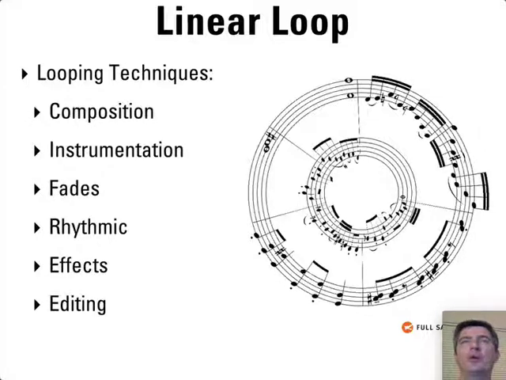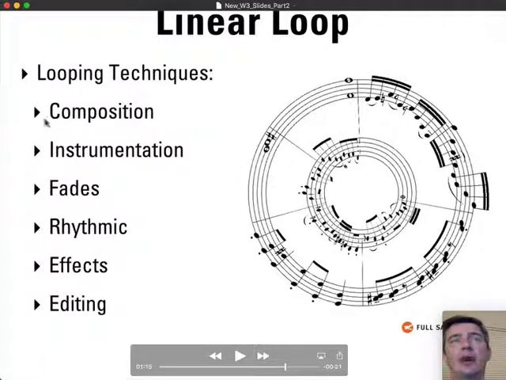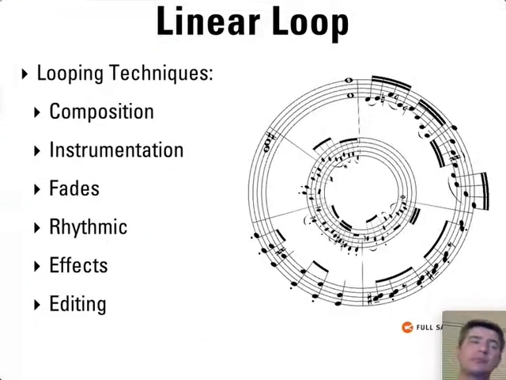So you want to remove any identifiable elements of your music that can give away the fact that you have a loop. This comes in its first form from the composition itself. While we use loops a whole lot in game music, looping does not necessarily mean repetitious or boring.